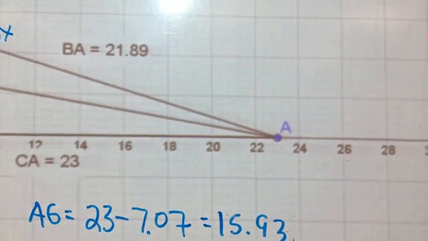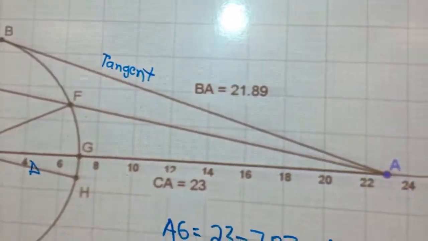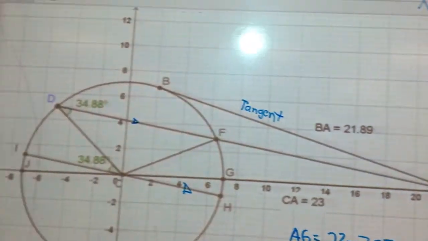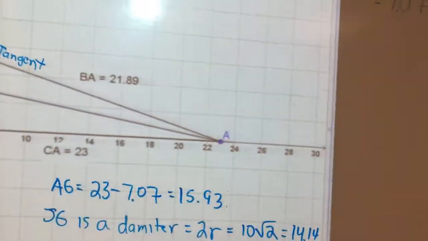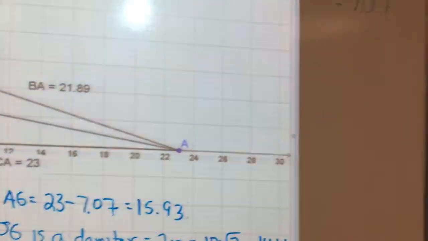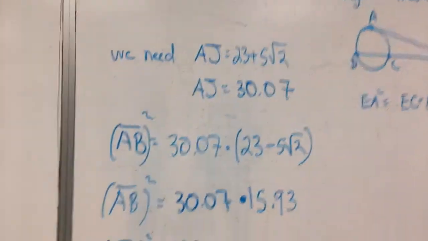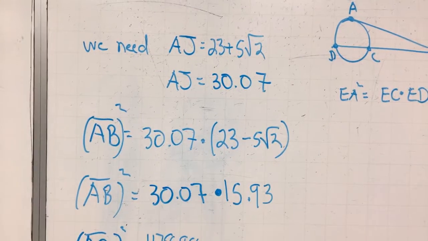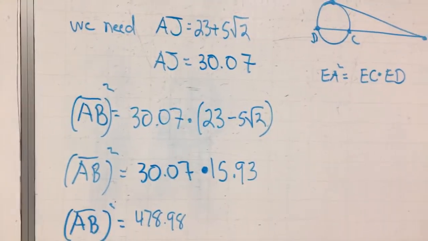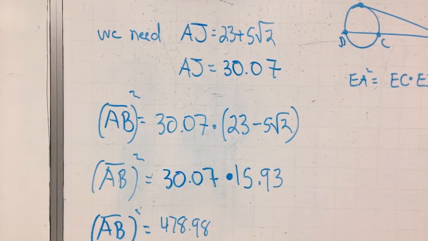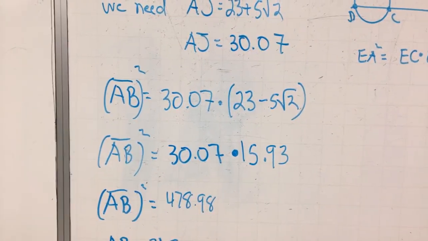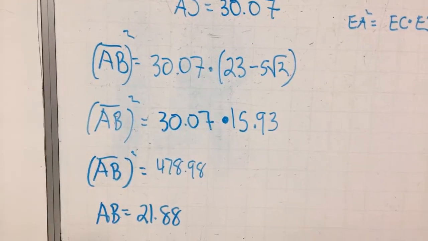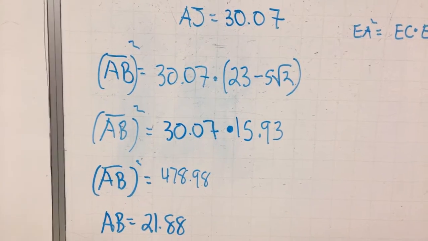So now you know the length of the exterior piece, AG, and you know the length of the entire piece, A to J. That says that AB squared is equal to the product of the whole thing times the exterior piece. So in our case, AB squared is equal to 30.07 times 15.93, which is 478.98, and the square root of that is 21.88.